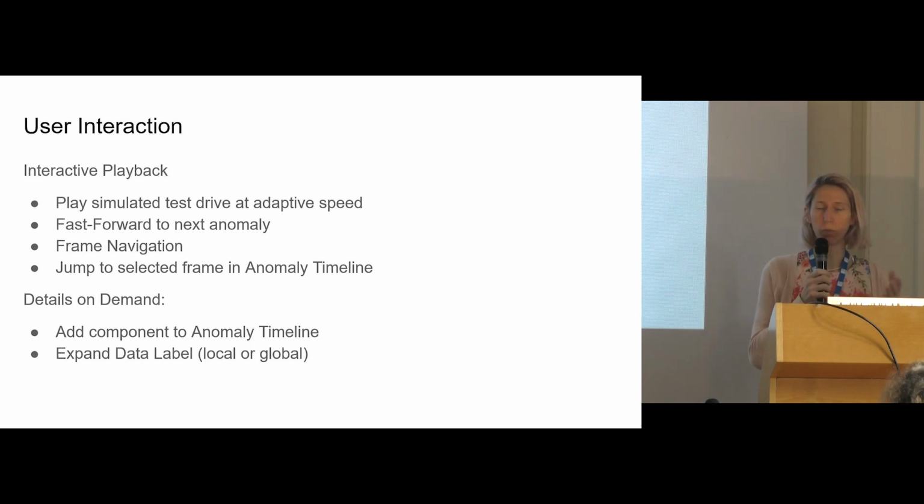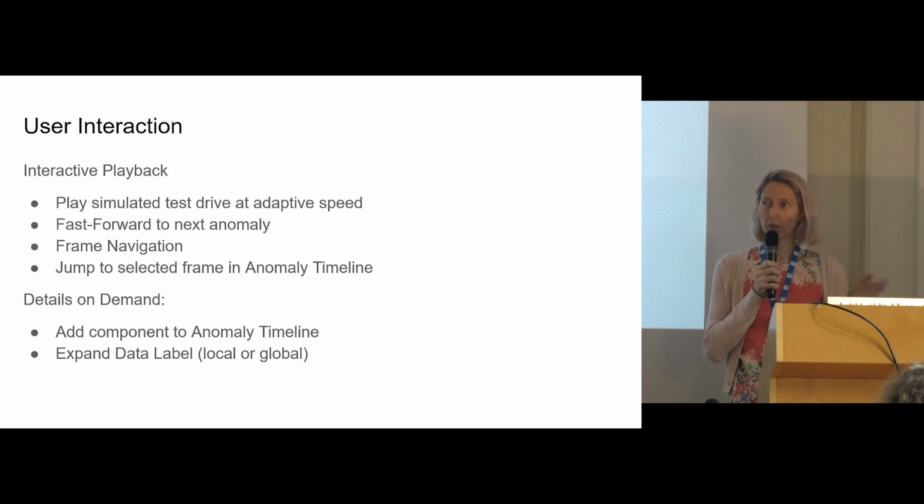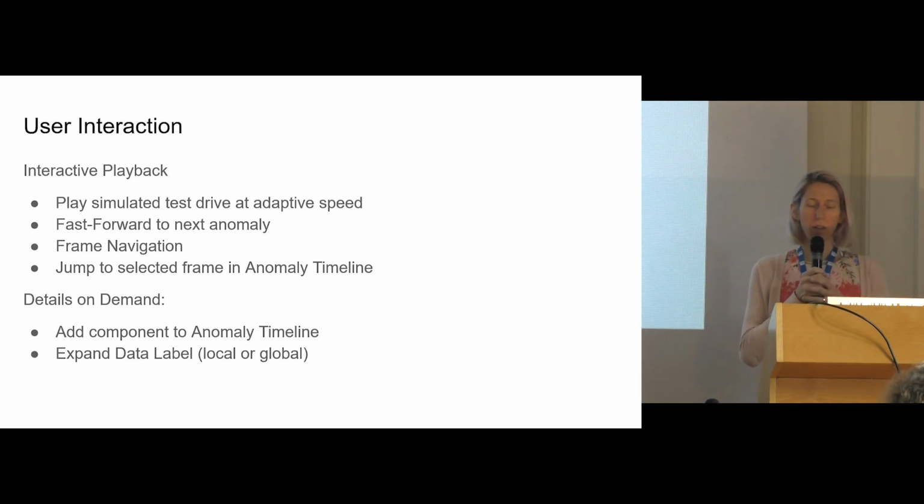And finally, as I mentioned before, we have more user interaction or more playback. So we have the normal play mode where the visualization just runs kind of like a video. And we can also use the fast forward option where it speeds up until a point in time where it hits an anomaly. Then it slows down so that the user can inspect the anomaly, the data, in more detail at this point.